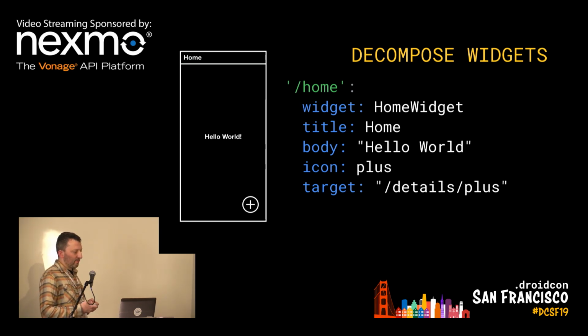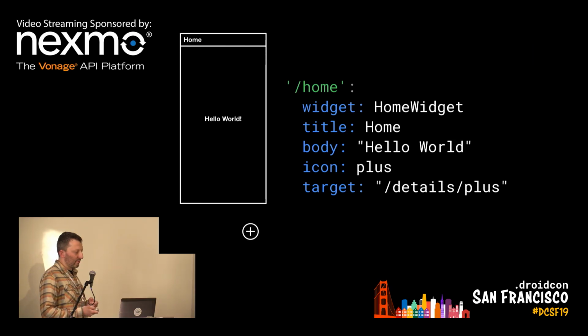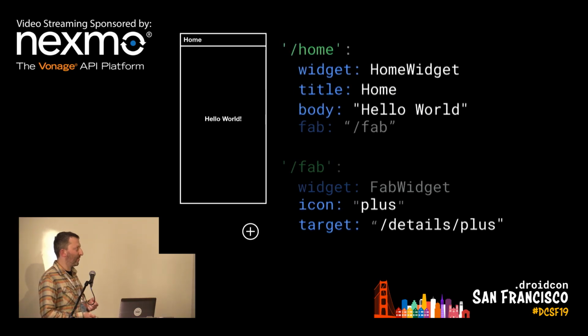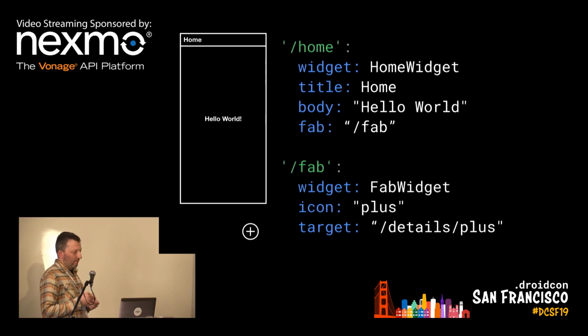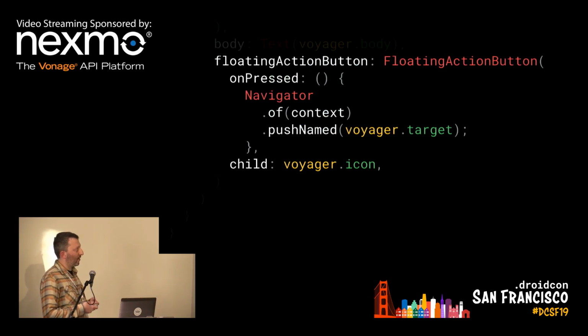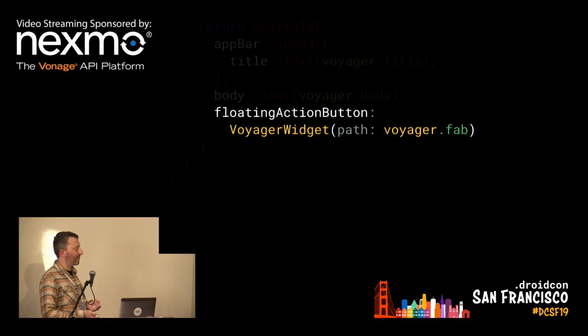And how we can do this is decompose this widget into two and assign a path to the fabulous button itself. And in your code, this is what was before, and now you can simply put the widget there with the path to it.